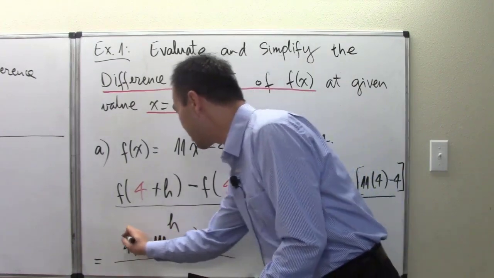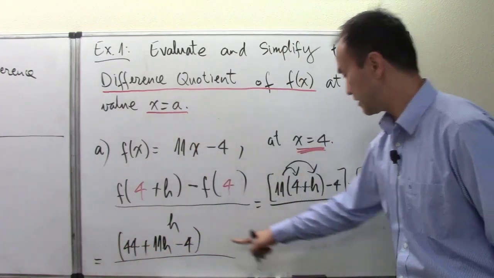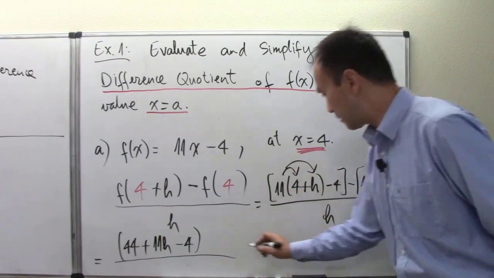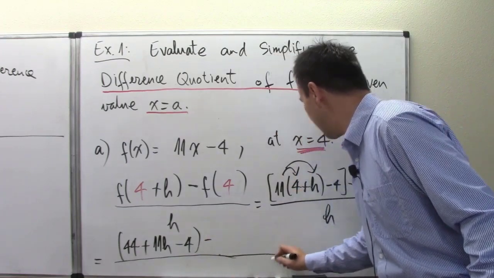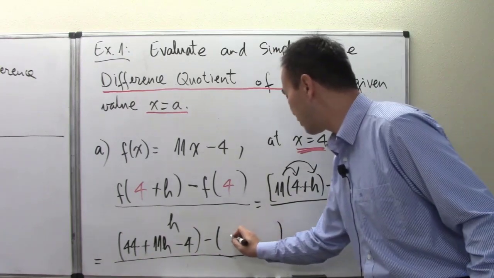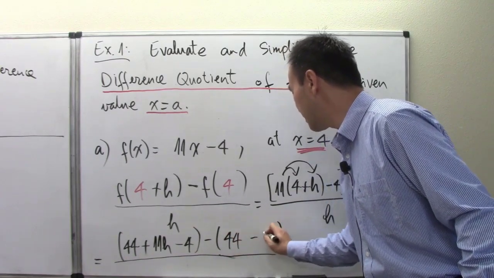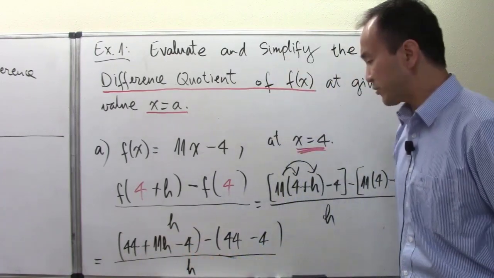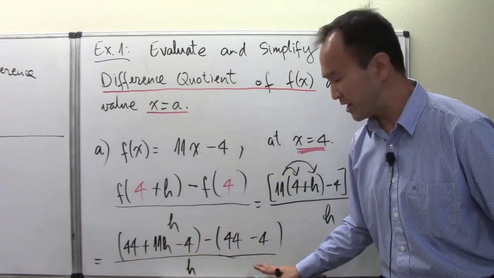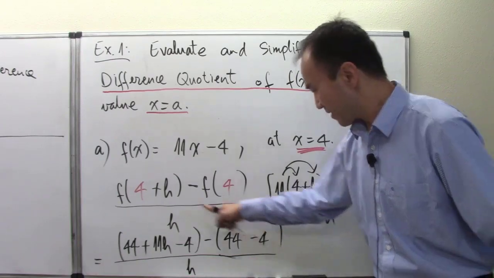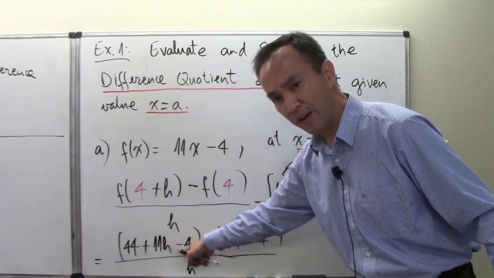But that's still one group, because this is the next step of this particular group in the brackets. Then I'm going to subtract, and over here I have 11 times 4 is 44, minus 4. So things now go almost completely numerical, all over h. 44 minus 4 is 40. 44 minus 4 is another 40 inside of that group.